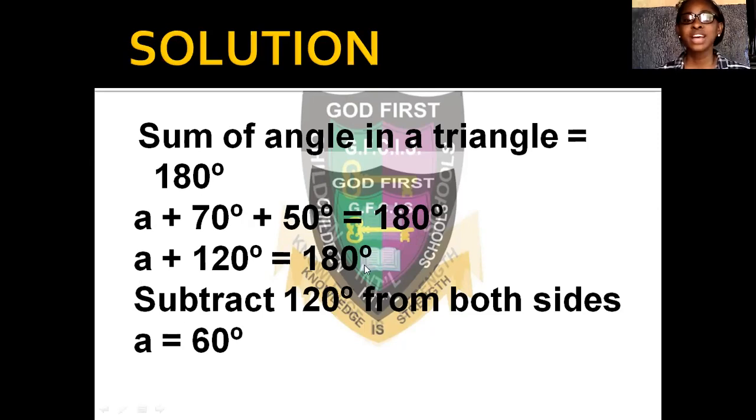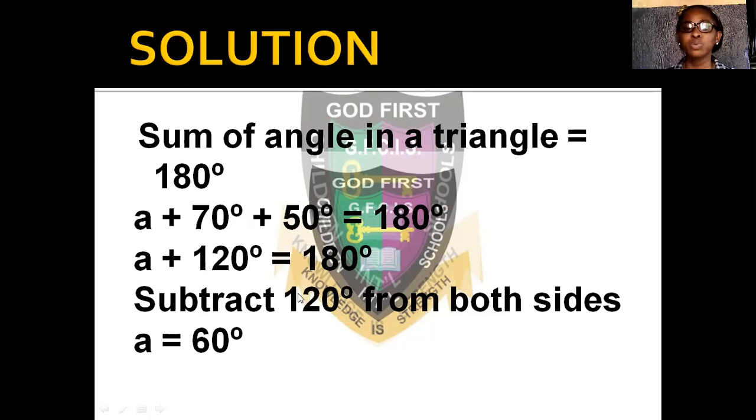The addition of 70 degrees plus 50 will give us 120 degrees. And A plus 120 degrees equals 180 degrees. For us to find the value of A, we subtract 120 degrees from both sides. 120 minus 120 gives 0, and we are left with A. So 180 minus 120 gives us 60 degrees.